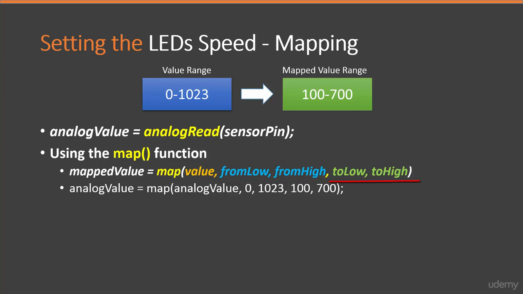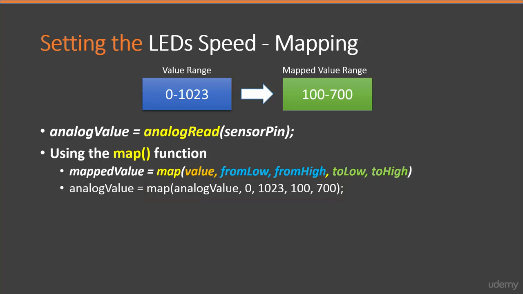Finally, the fourth and fifth parameters are the new low and high value range that we want to map the original value to. In our case, we just want to make sure the maximum speed will be 100 milliseconds and the minimum speed will be 700 milliseconds.